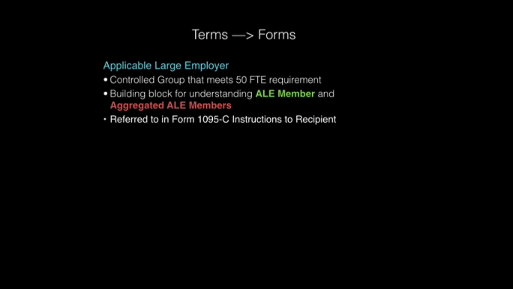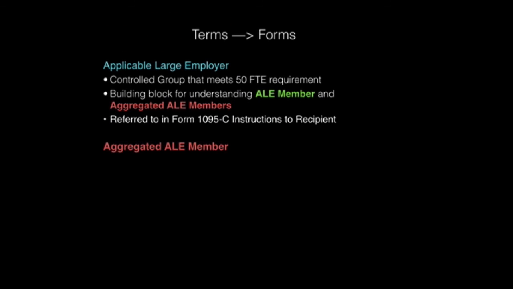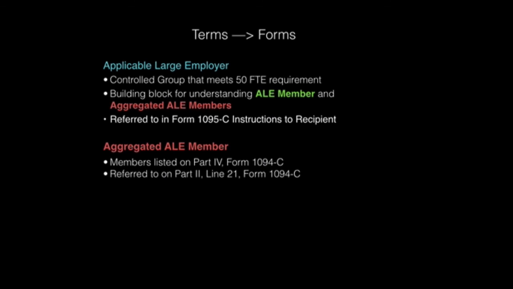Okay. It's referred to in Form 1095C, Instructions to Recipient. Got it. Next up, aggregated ALE group, those are the members listed on Part 4, Form 1094C, and also referred to on Part 2, Line 21, Form 1094C. Okay. Last but not least, ALE member, and each one of these members files an authoritative transmittal Form 1094C.